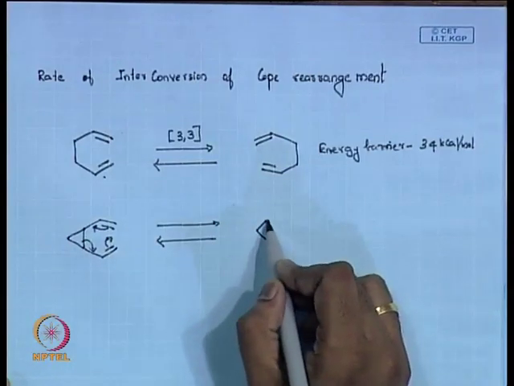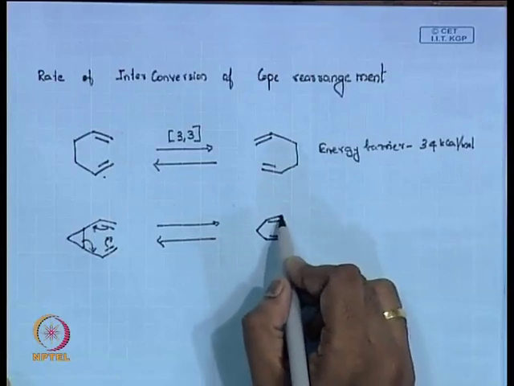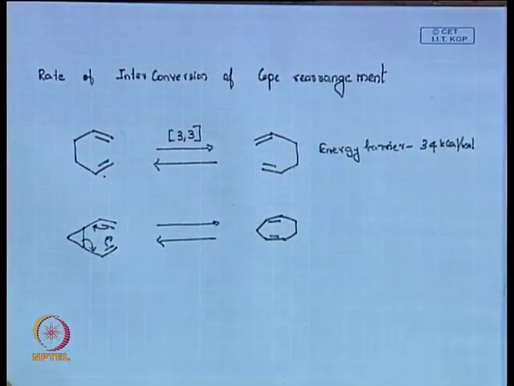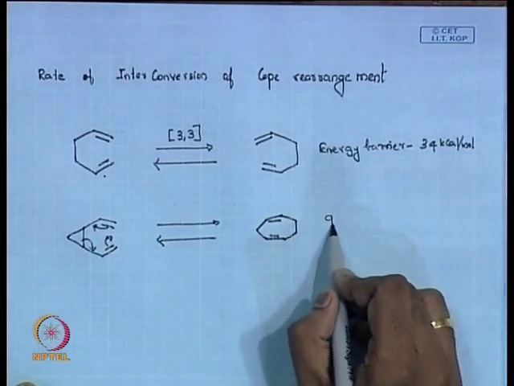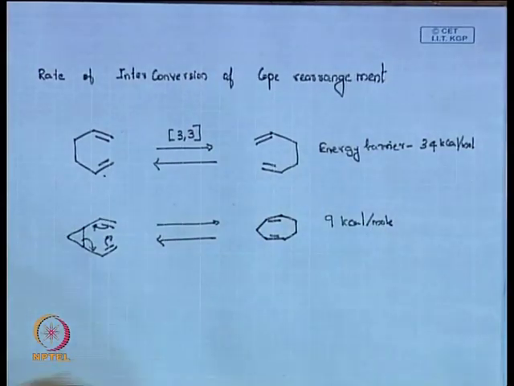Then you get this, and if you see the energy barrier, it is 9 kilocalories per mole, even hard to isolate, they interconvert very fast.